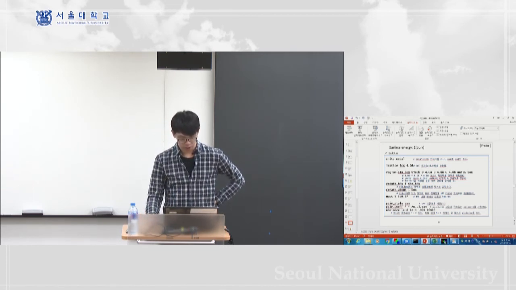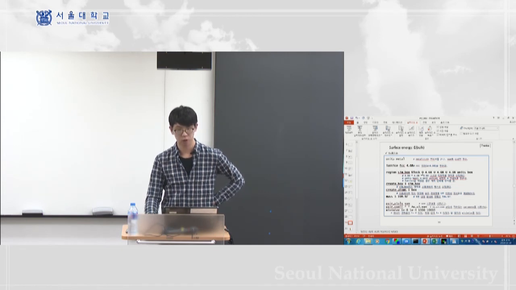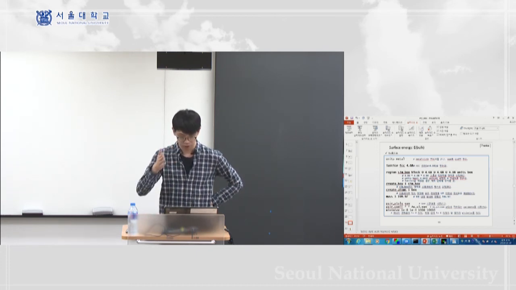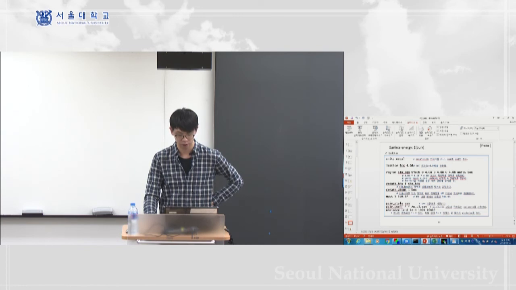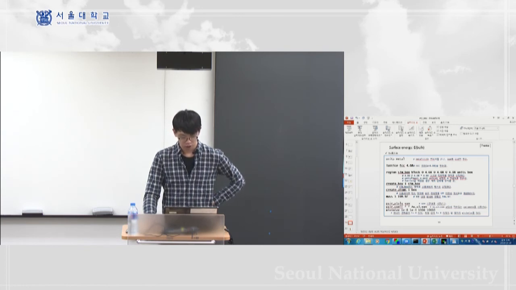We're going to make a region with block type, which is a box of 4.08 angstrom in each length, depth and height. And the name of this region is going to be sim box.